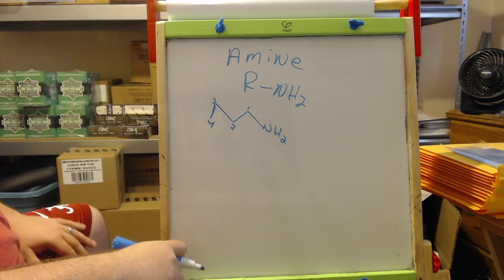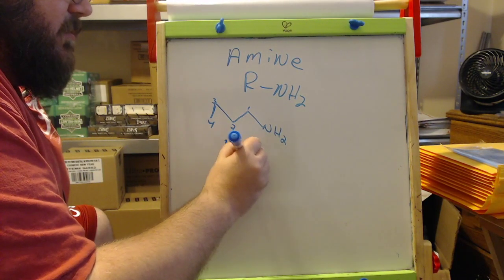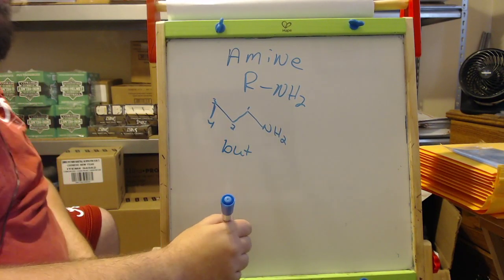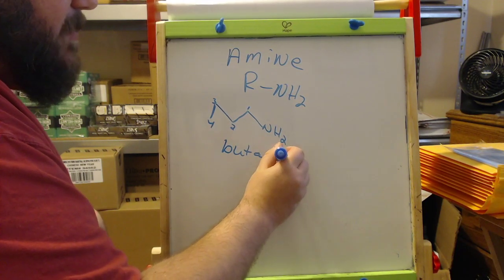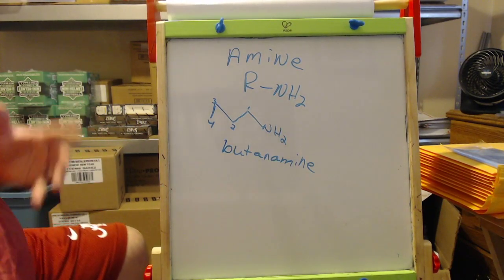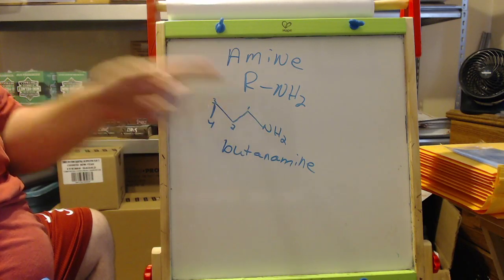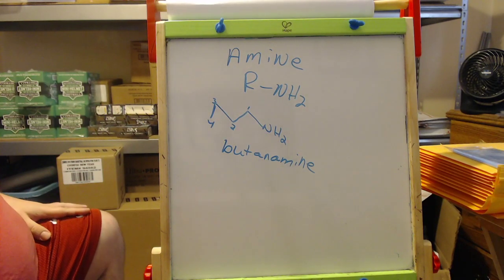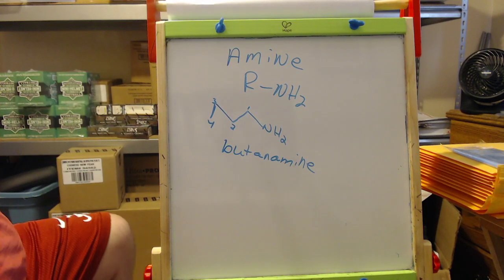It's saying it's bonded to an NH2. 4 carbon chain, but, an, butanamine is one way of naming it. That's what we call a primary amine because it's only bonded to 1 carbon. And that's a nice IUPAC way.